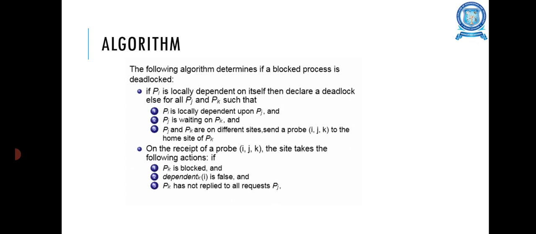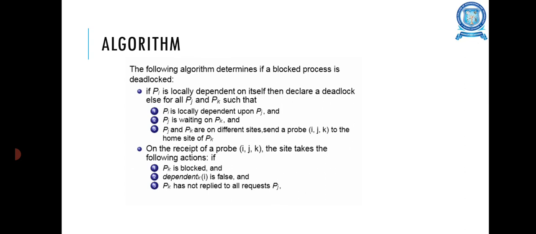This is the algorithm. In the first step, if Pi is locally dependent on itself, then it declares a deadlock; else, for all Pj and Pk such that the following conditions hold, the following actions are performed.